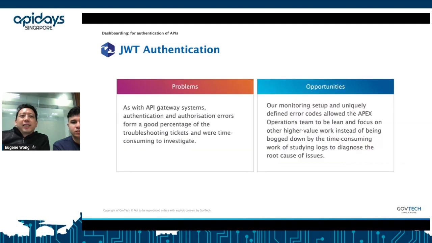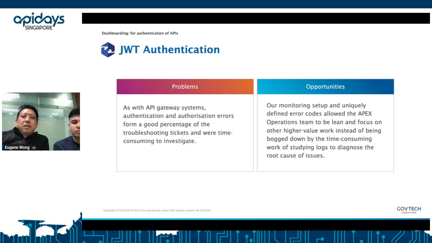So with JWT authentication, the problem statement which we were faced with was that a good percentage of our troubleshooting tickets went to investigating authentication and authorization tickets. And basically, the error codes at that time were all 401 and 403, and our ops team had to deep dive into logs to investigate every single case where authentication wasn't working.